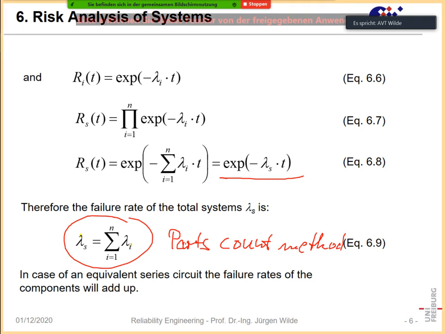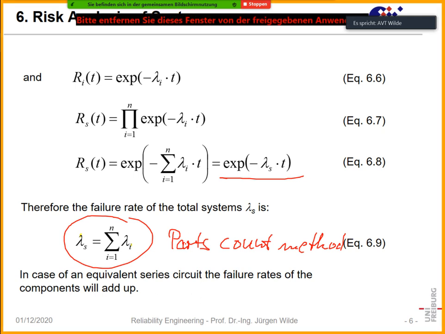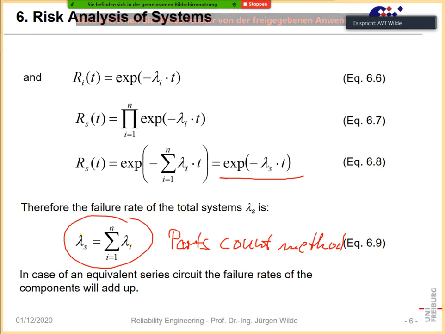When you look at it a little more precisely, you analyze the temperature for each individual device on your board. So possibly the processor has 125 degrees centigrade, and the resistor has only 80 degrees centigrade. That means you take the individual failure rate for each temperature, which exists here. That's the so-called parts stress method.